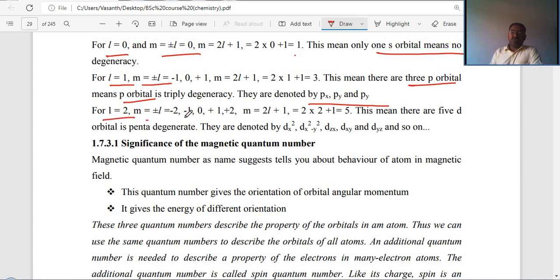For L equal to 2, m is equal to plus or minus L, that is minus 2, minus 1, 0, plus 1, plus 2. And 2L plus 1 is totally 5. This means there are 5 d orbitals, which is pentadegenerate. They are denoted by dxy, dyz, dzx, dx square minus y square, and dz square, and so on.